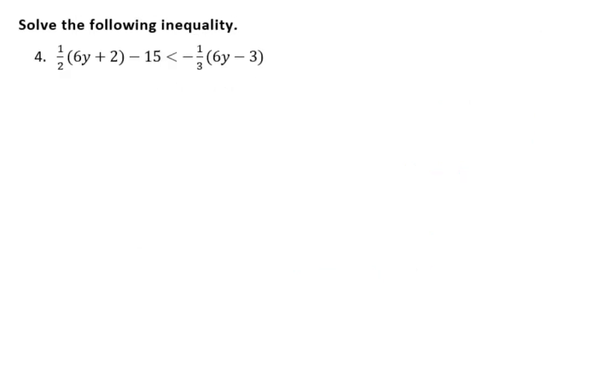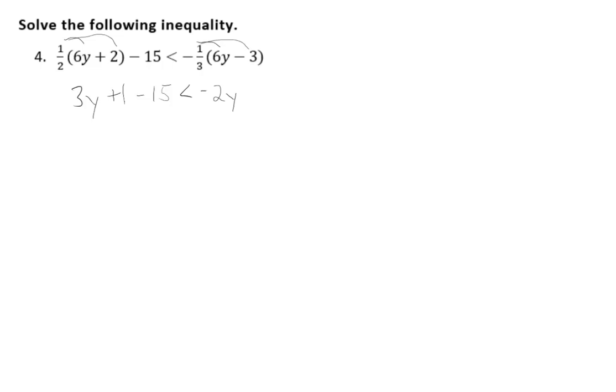All right, so now we have some distributive property again, and with fractions. So half of 6y would be 3y, half of 2 would be 1, minus 15, less than negative 1/3 of 6. Negative times positive would be negative. 1/3 of 6 would be 2y.